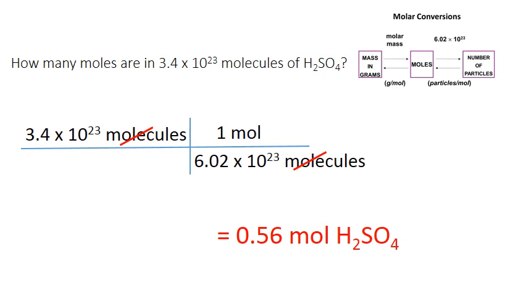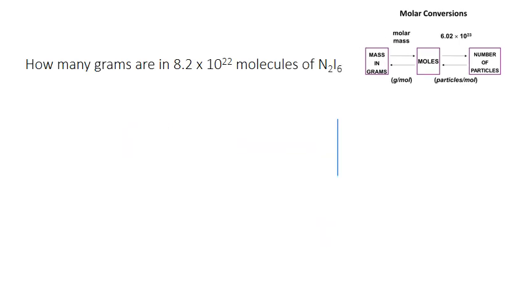So we have about 0.56 moles of H2SO4. So hopefully this is kind of making sense, and that little island diagram is helping you out just a little bit. But what if we want to know grams, but we're in molecules?